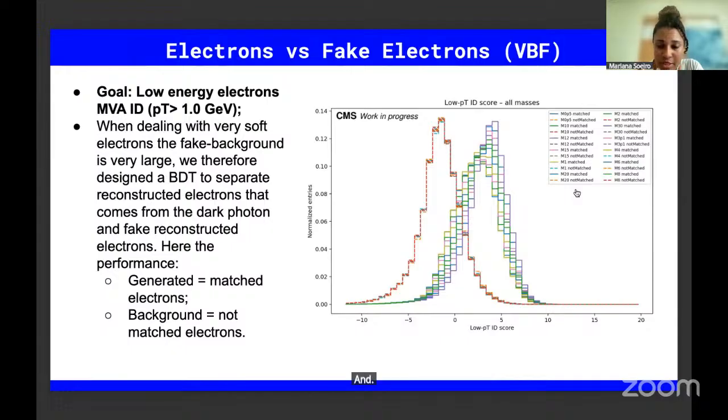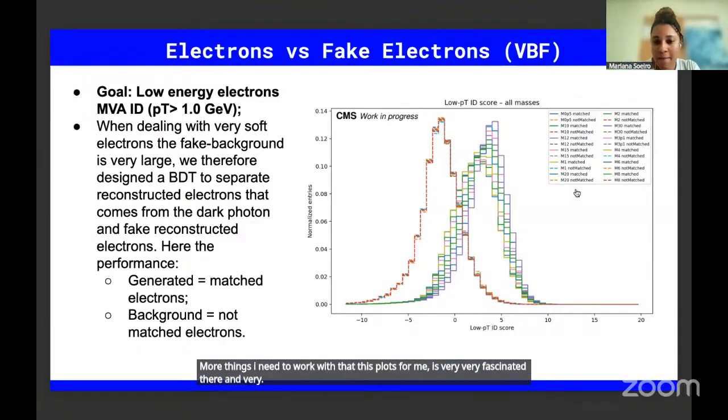Our ability at the moment to give these results is very interesting, but there are more things I need to work on. So this plot for me is very fascinating and very interesting.